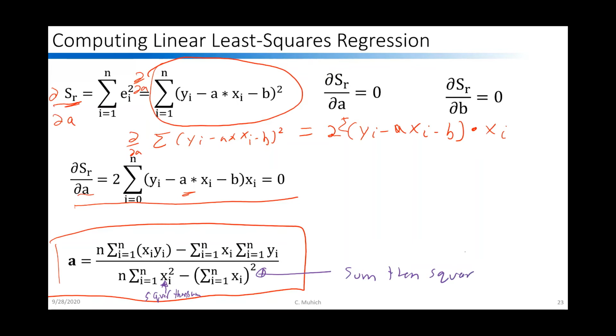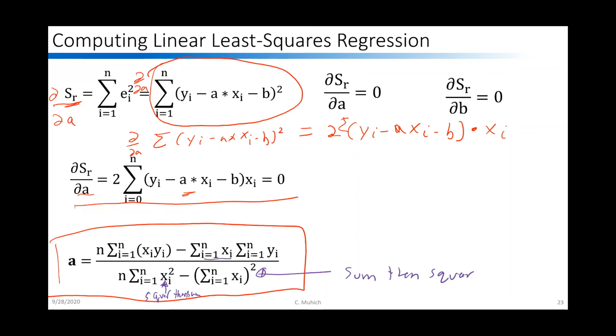The biggest place that people make mistakes is they end up doing the same thing twice and they get 0 in both places. So in both cases, it's n times multiply first, then sum, minus sum, then multiply.